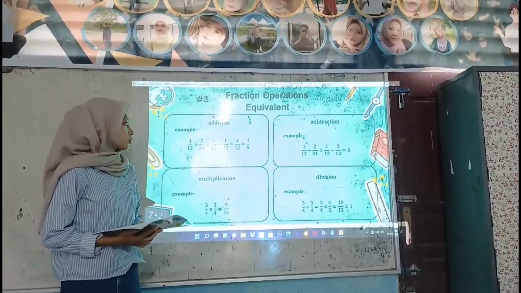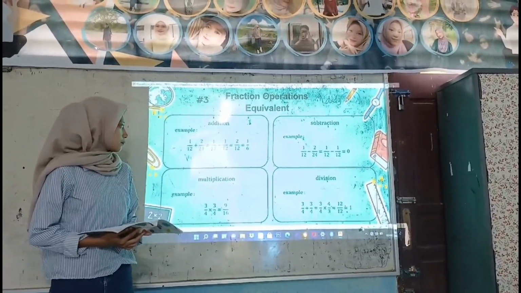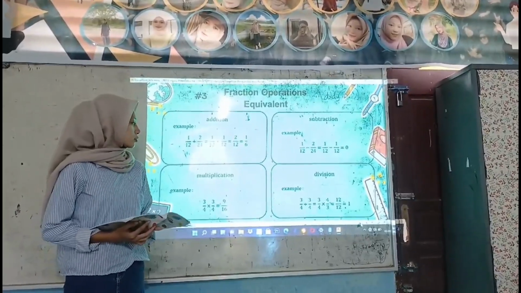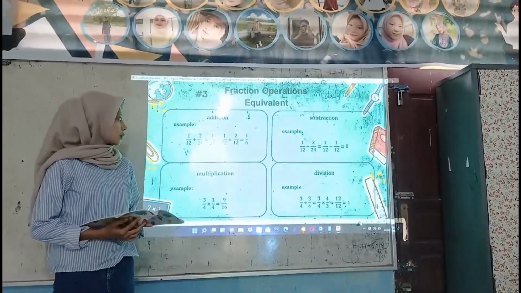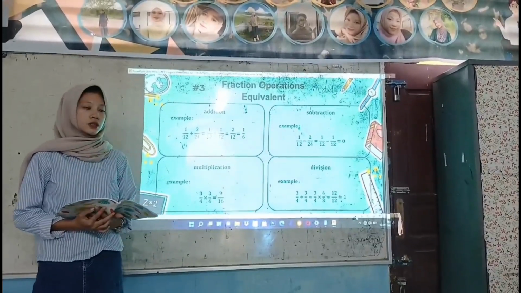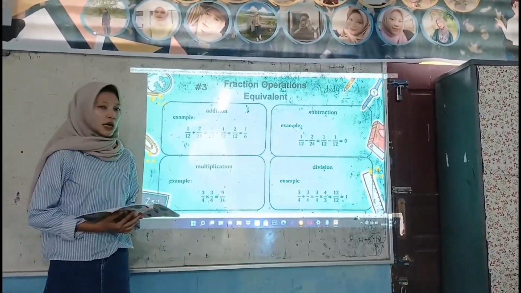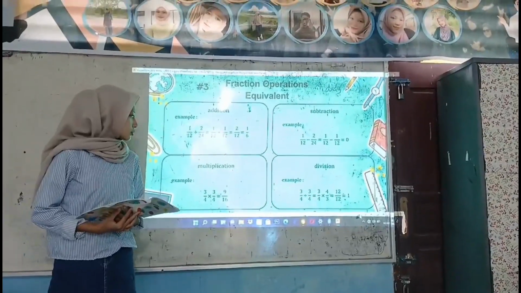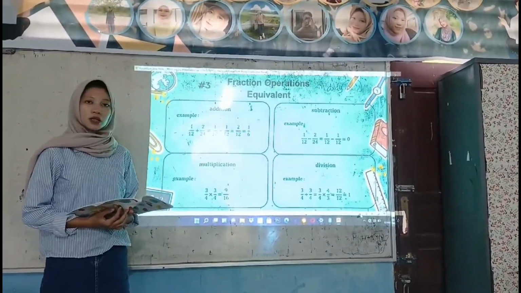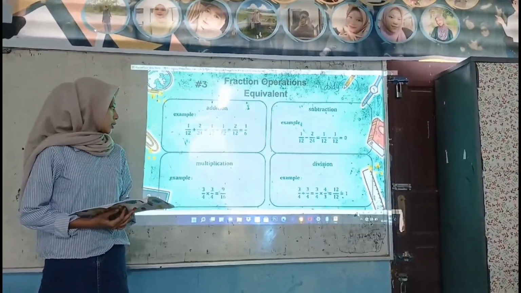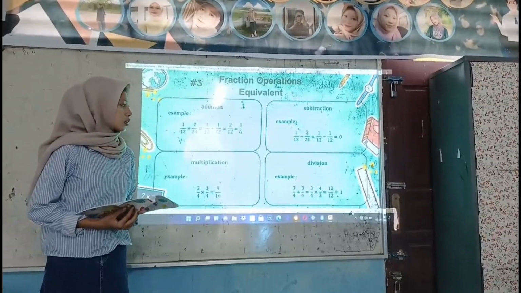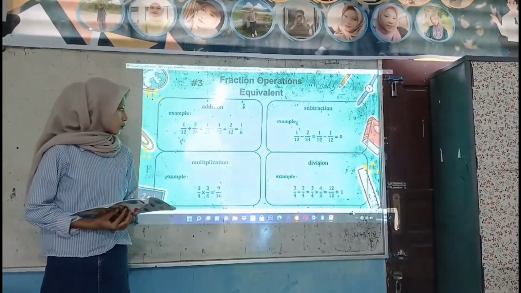Subtraction. Example, 1 over 12 minus 2 over 24 equals 1 over 12 minus 1 over 12 equals 0. Division. Example, 3/4 divided by 3/4 equals 3/4 times 4 over 3 equals 12 over 12 equals 1.